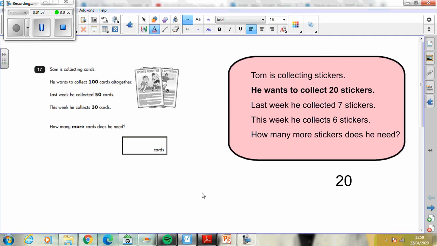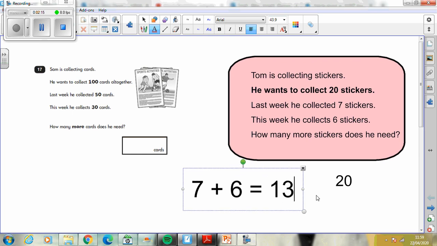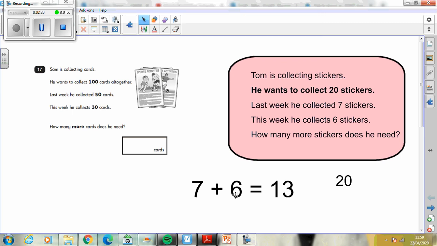So if we know he's got 7 and he's got 6, we then know that 7 add 6 is 13. Okay, so there's another bit of information that we know.